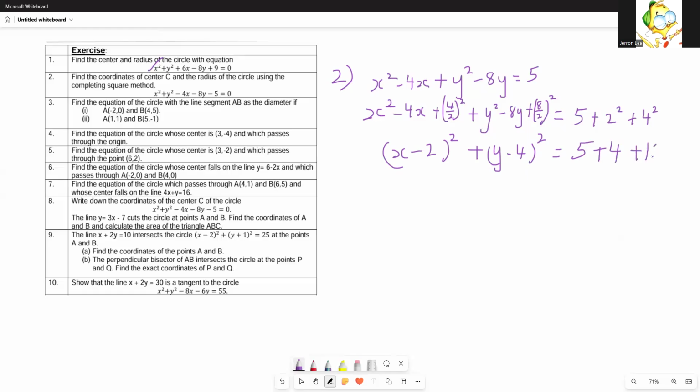So we know very well that this is equivalent to (x minus 2) squared plus (y minus 4) squared equals 25. You can see very clearly that this is actually our radius squared, with the radius being 5. That is how we can do this type of question.